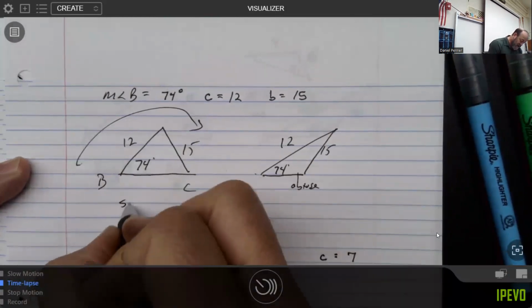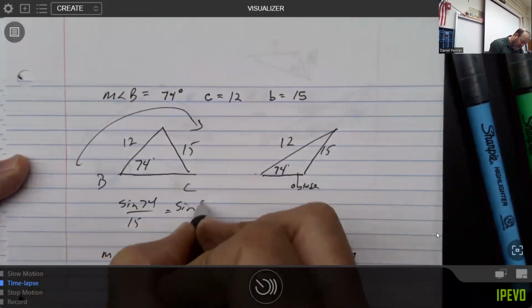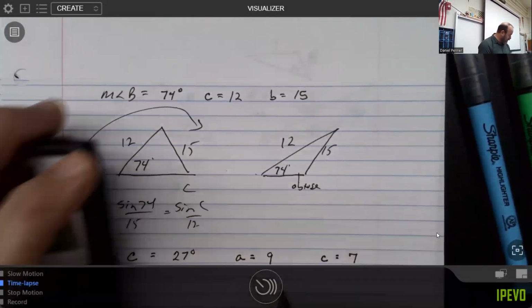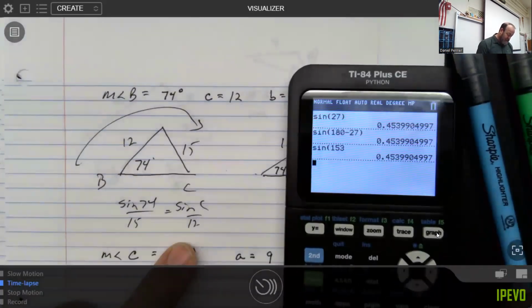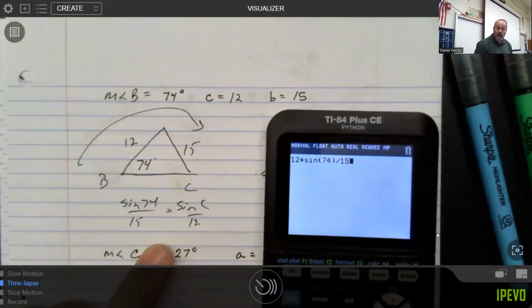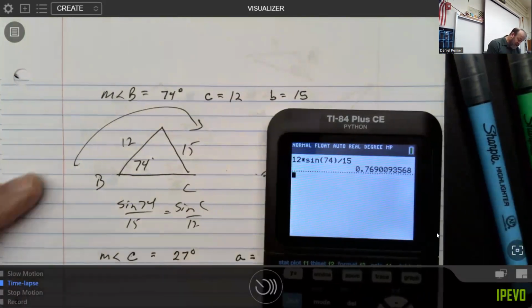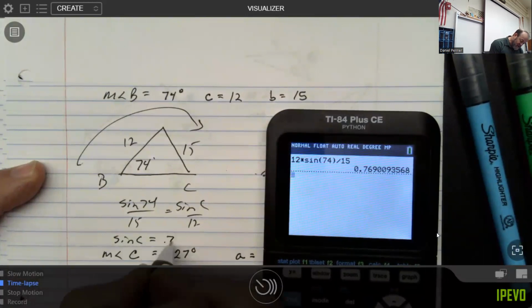So I'm going to do it. Sine of 74 divided by 15 would be the sine of C over 12. I've done a few of these problems in these videos. Okay, so I'm going to multiply both sides by 12. Let's see what happens. So 12 times the sine of 74 divided by 15. I now have this thing sitting by itself, and I know that the sine of C is 0.769.